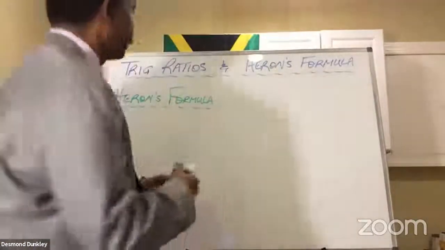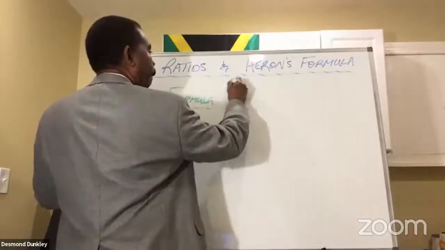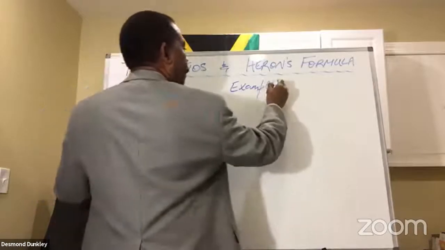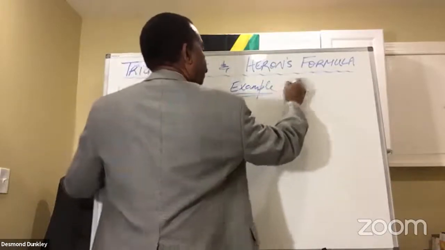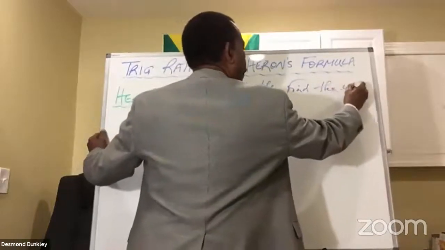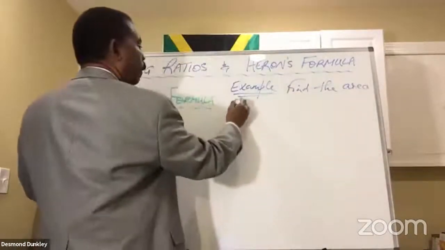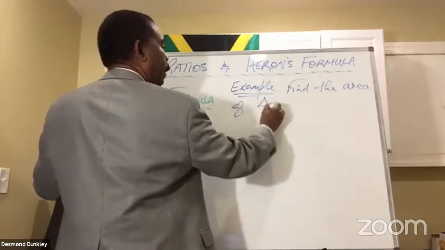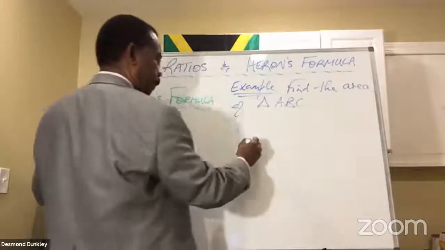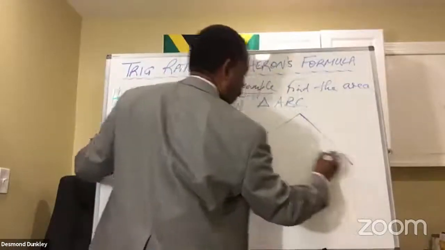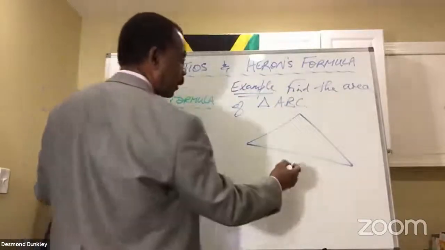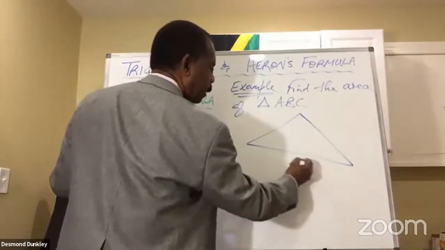Okay, example. Find the area of triangle ABC. Let's go with 10.